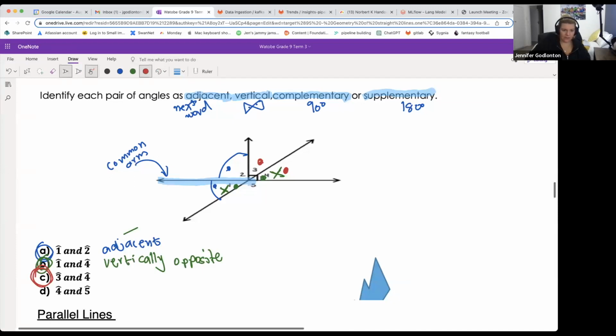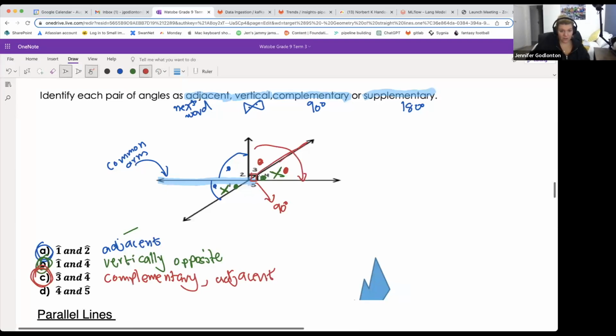I like it. They are definitely complementary. Because remember this little square over here, that little square tells us that it is at 90 degrees. Yes, Palesa, absolutely. They are complementary and they are adjacent. So they are adjacent complementary angles because they are next to each other.